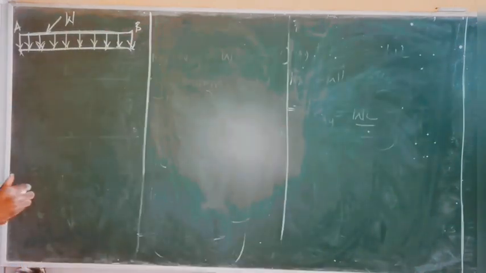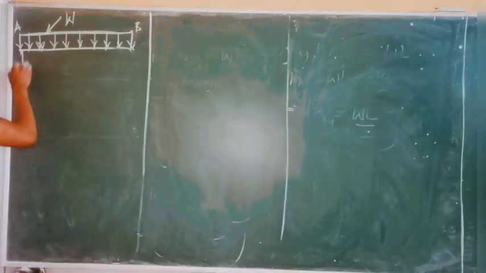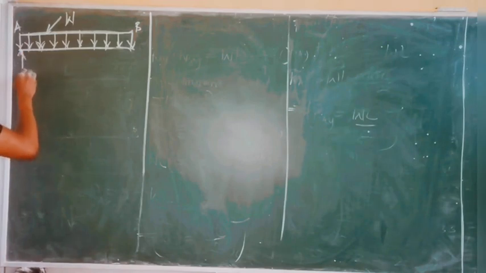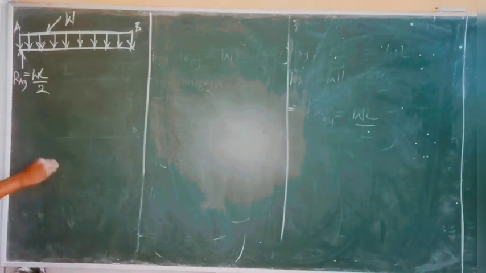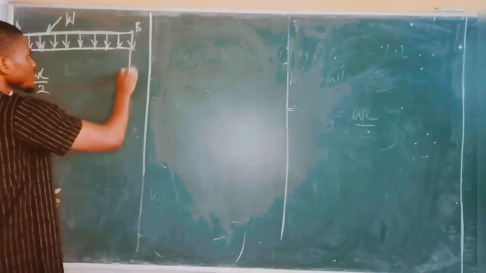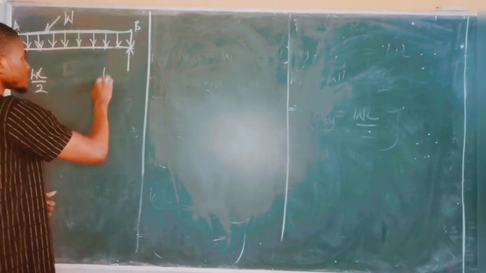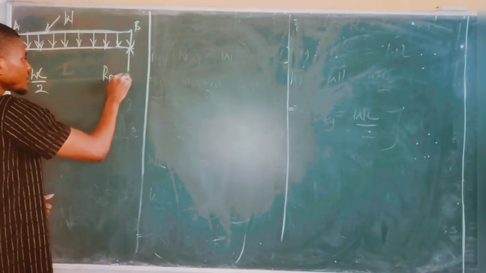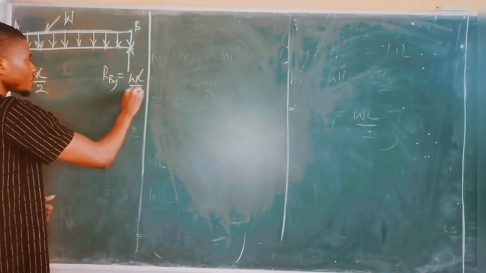All right, so at point A, we obtain the reaction RAY to be WL all over 2. Also at point B, we obtain that support reaction, RBY, equals WL all over 2. So you substitute it directly to the original beam because of the UDL.